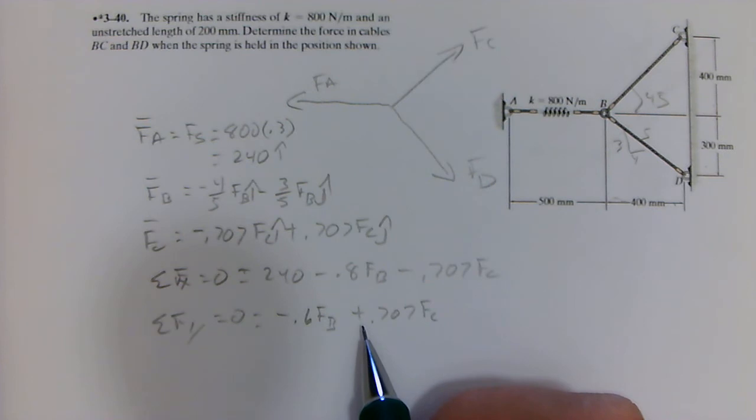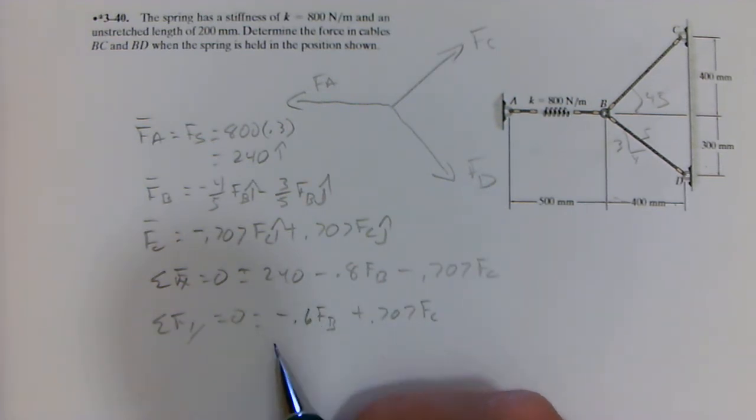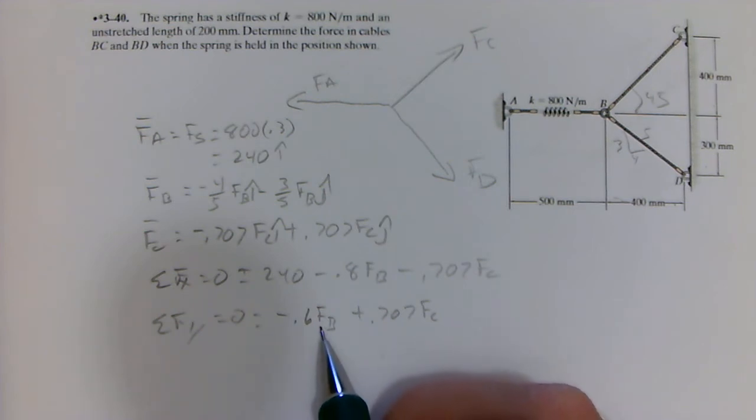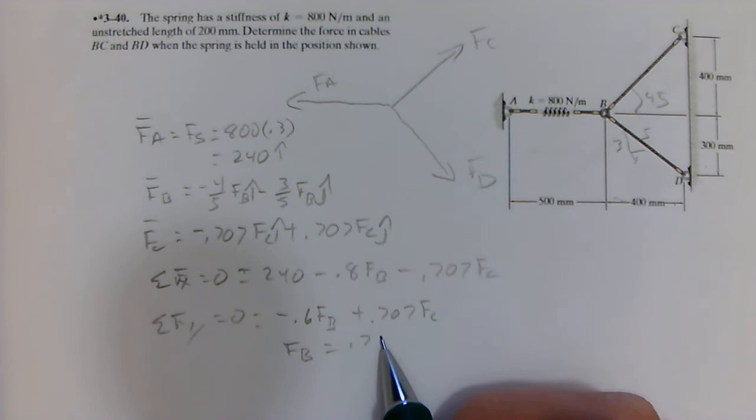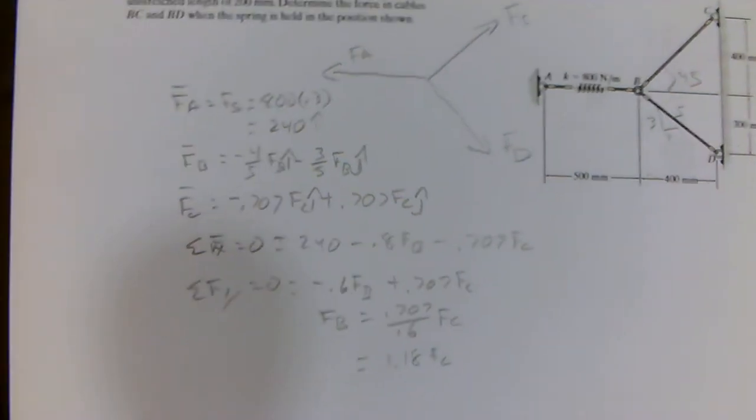So let's rearrange this one right here. I'm going to move the -0.6 FB to the other side and divide by 0.6. So FB is equal to 0.707 divided by 0.6 FC, and so that's 1.18 FC.